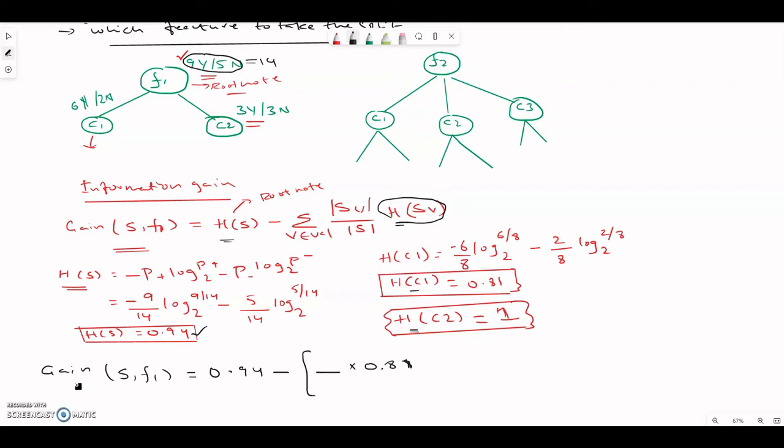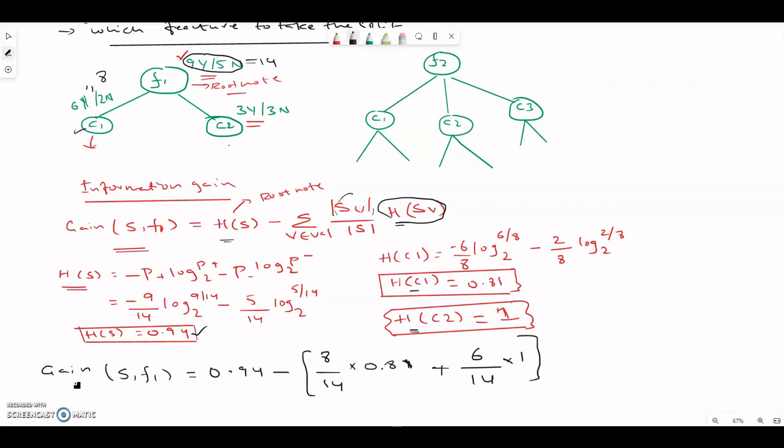For category 1 we have 8, so it will be 8 divided by 14 multiplied by 0.81. Similarly for category 2, out of 14 total samples, we have 6, multiplied by the entropy of category 2, which is 1.